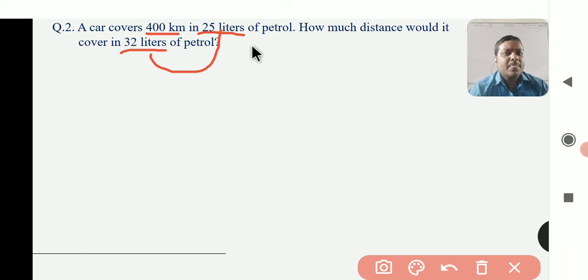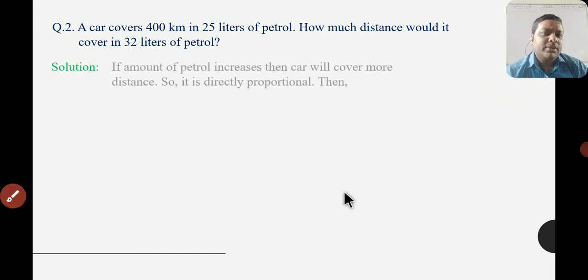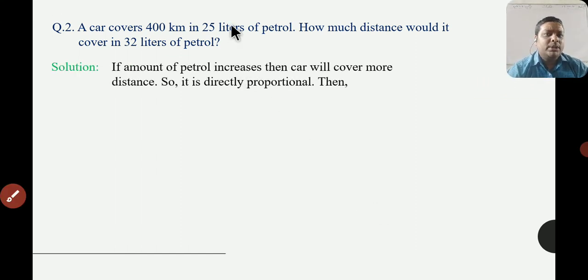It means that here you can see that the quantity of petrol is increasing from 25 liters to 32 liters. In that case, let's see. So now we can say the amount of petrol increases. So simple, we have to think about this: if we fill more petrol in our car, in that case, what will be the change?